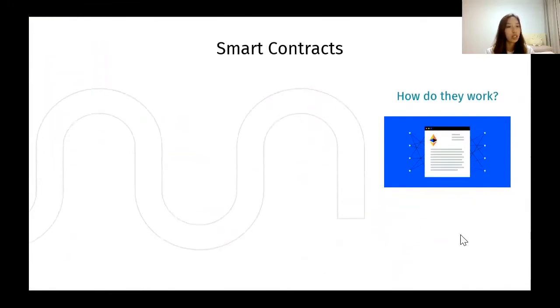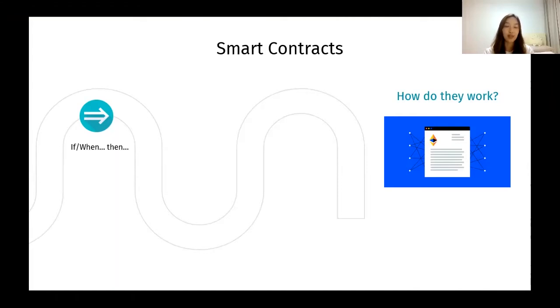So how do they work? So smart contracts work by following a simple if or when, then statement. These statements are written into code on the blockchain. So for example, if you pay the rent this month, then the landlord will let you stay at his place.